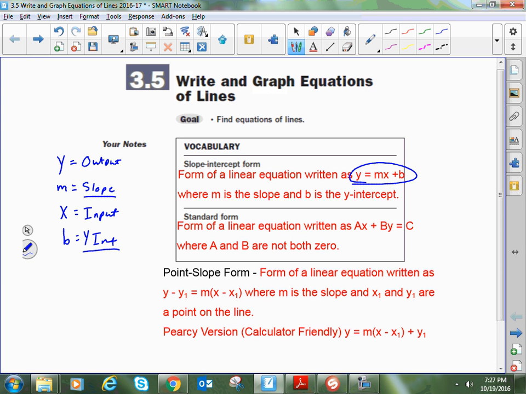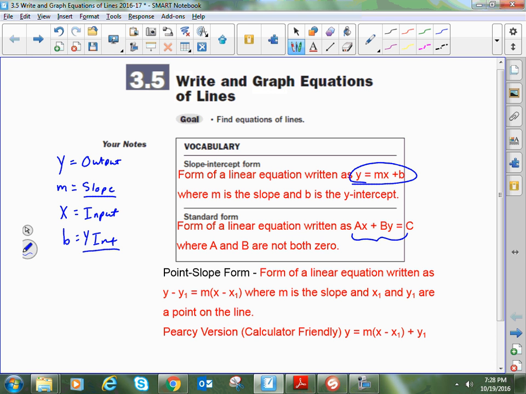The second thing that you see in your vocabulary terms is the standard form, where it's ax plus by equals c. This is actually a little bit misleading, I think. They call it standard form because they have x and y on the same side of the equal sign, and this is useful for us if we want to quickly determine the x and y intercepts by substituting zeros in for the x value and the y value.